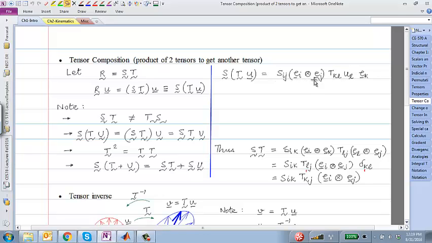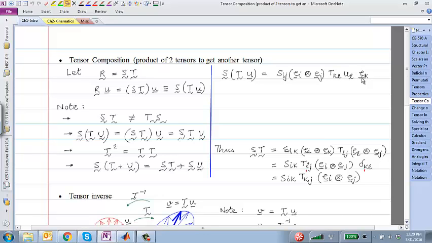The way that we represent that with components, I have the original operation T acting on U. That would be represented as T_KL U_L times E_K. Does that make sense? That's the quantity in the parenthesis here. I'm writing that as T_KL U_L E_K.